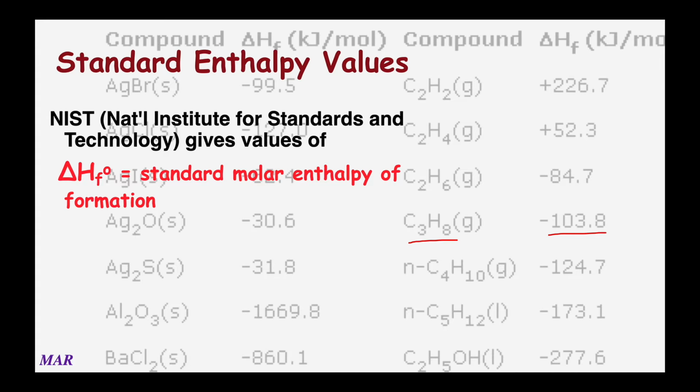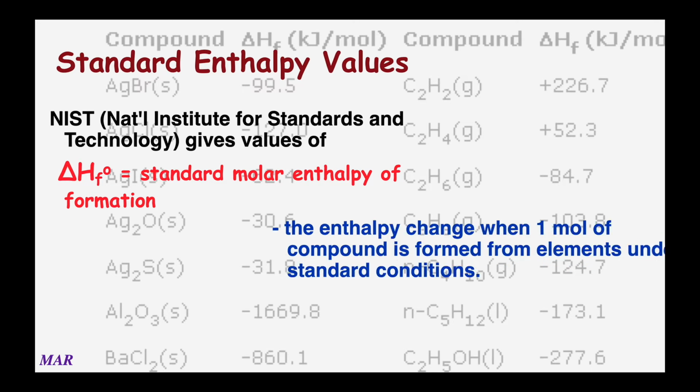On the other hand, some of them are positive too. So C2H4 has a value of positive 52.3. It depends on which one you're looking at. But anyway, these are all called standard molar enthalpy of formations, or delta HF. And that little f has a meaning.